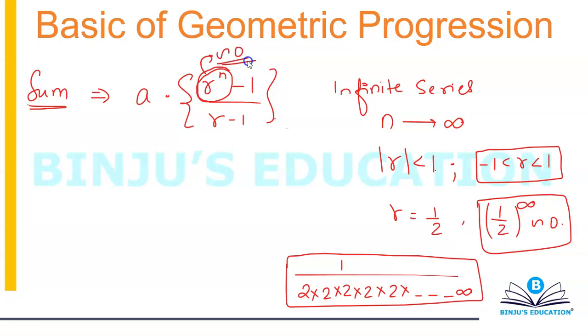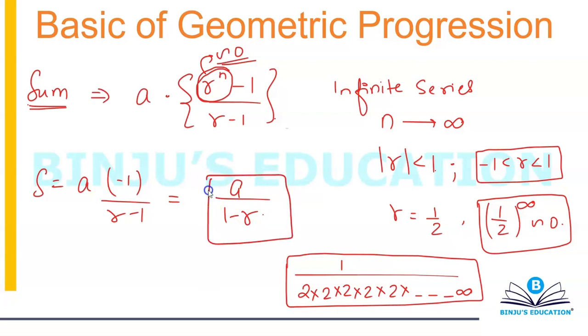That means the formula to calculate the sum is A minus 1 divided by r minus 1, which can also be written as A divided by 1 minus r. So the sum for an infinite converging GP is equal to A divided by 1 minus r.